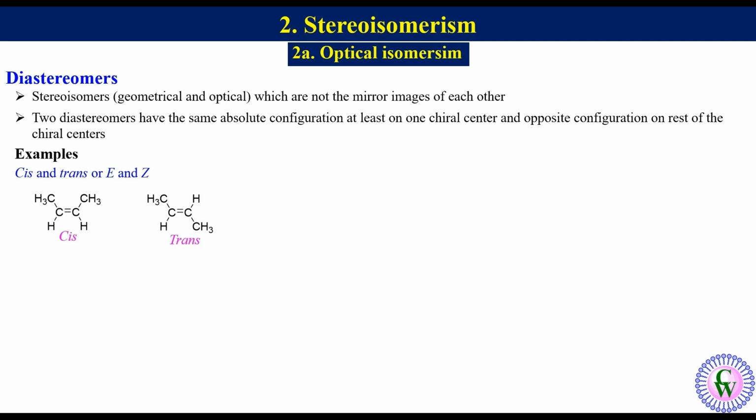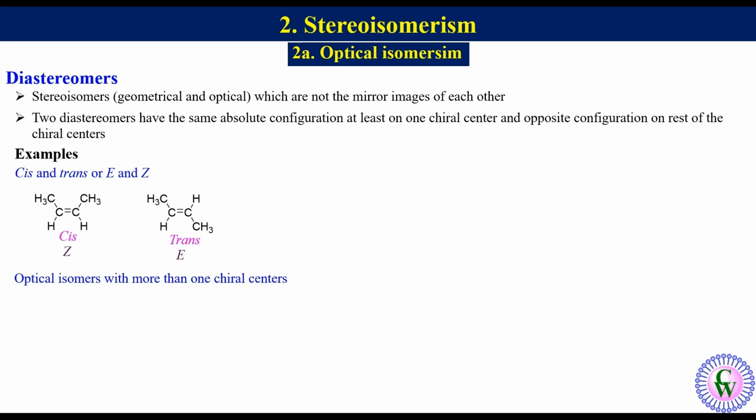In terms of E and Z nomenclature, cis-2-butene is Z while trans is E. One thing which is to be noted here is that there is no correlation between cis-trans and E and Z. This means that cis can be E or Z and so as the trans. Here we can see that these two are stereoisomers and not the mirror images of each other, so these are diastereomers.